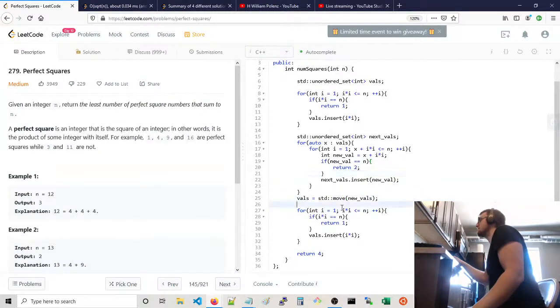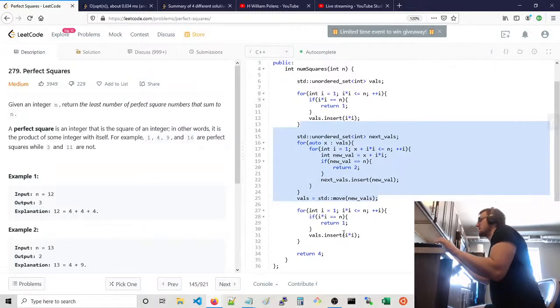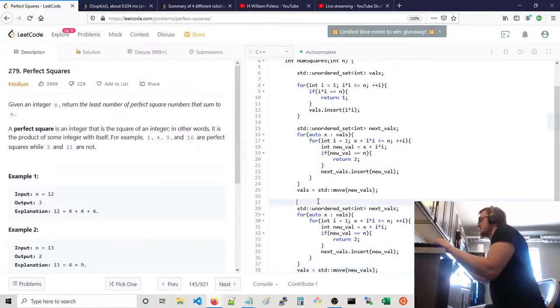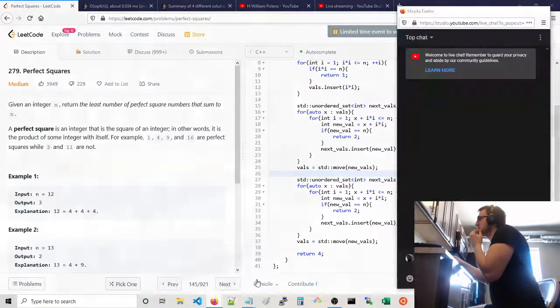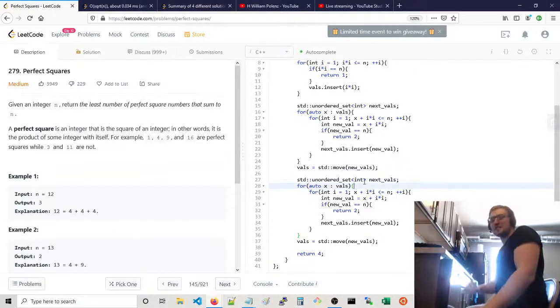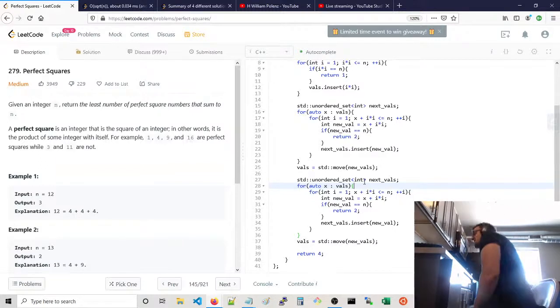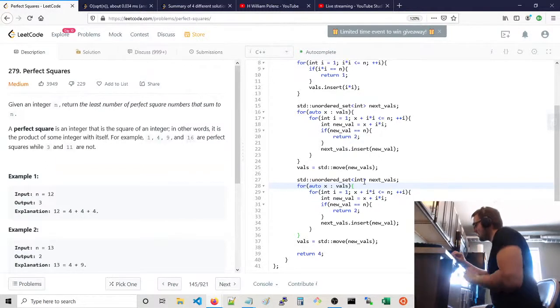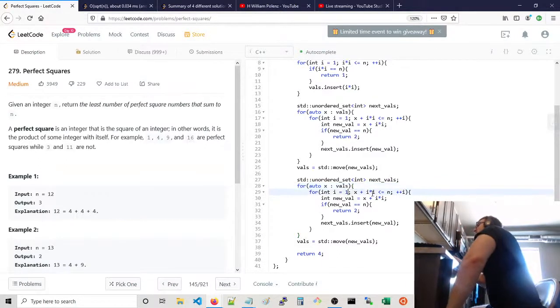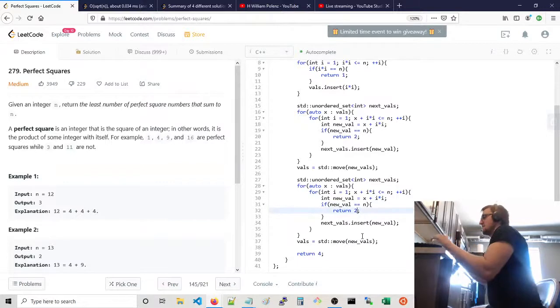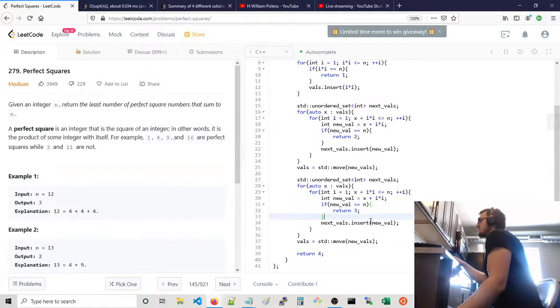All right, return 2, and then finally we do the same routine again, right? So I don't think this is the best way to do it, by the way. This is quite possibly not good at all. New value. This time it's if it's 3, and then you don't have to actually insert anything anywhere.